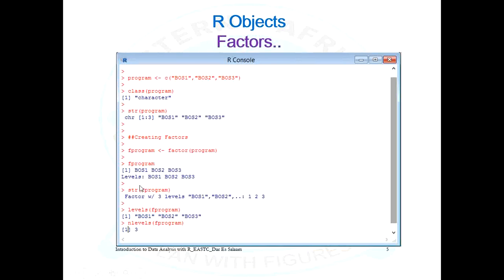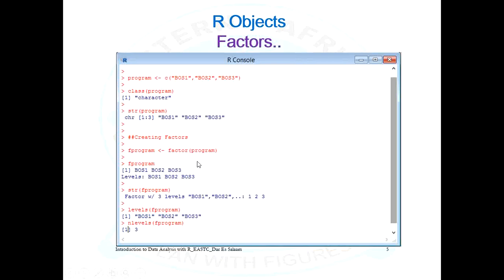So you can capture the difference between F program and program with no F. That is the character data type, a character object, but after changing it to a factor by using the factor function and assigning it to an object F program, we now have a factor. If you use the function levels, it will give you the categories, both 1, both 2, both 3, but nlevels gives you the count. How many are they? We have 3 categories.